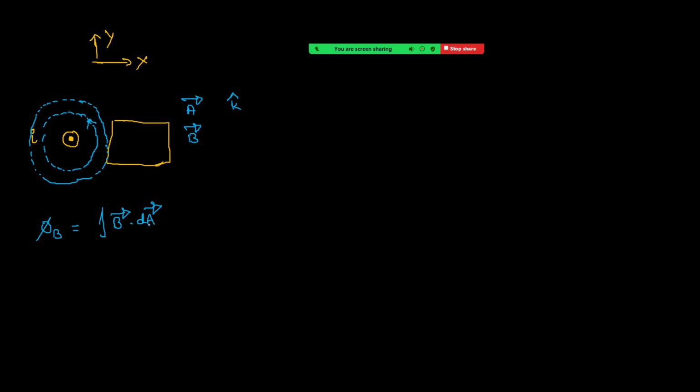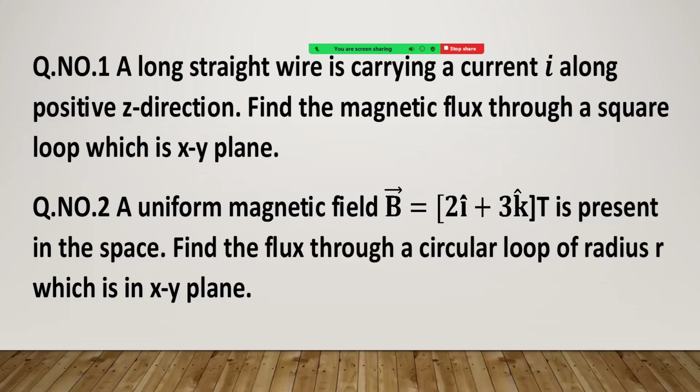So between these two vectors the angle is 90. That means there is no magnetic flux through this loop. No magnetic field line is passing through this surface, which is the meaning of flux equal to zero. Right. Let us see the next problem.